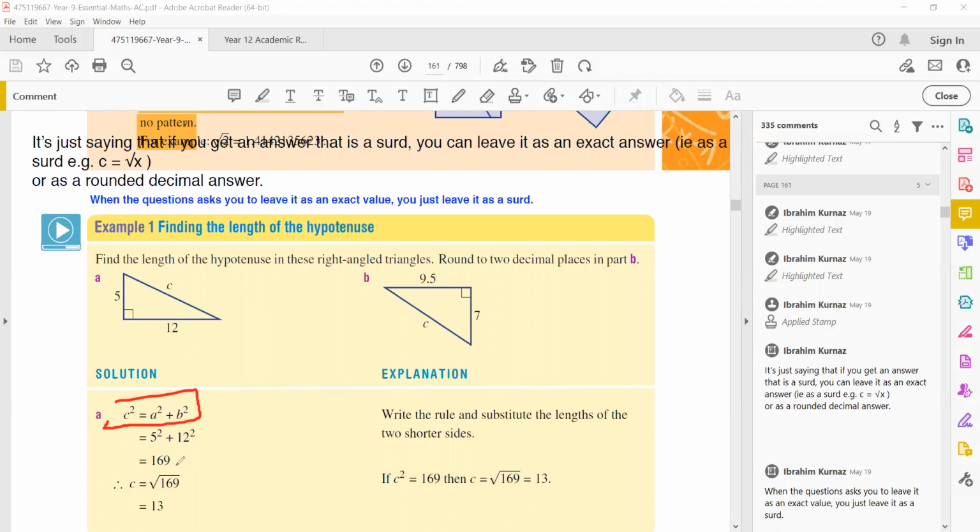Can you remember the square numbers up to 15? Can you tell me quickly? 1 square, 2 square. What is 2 square?